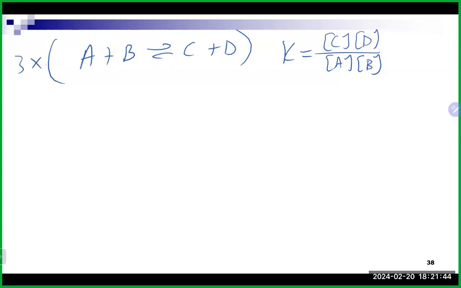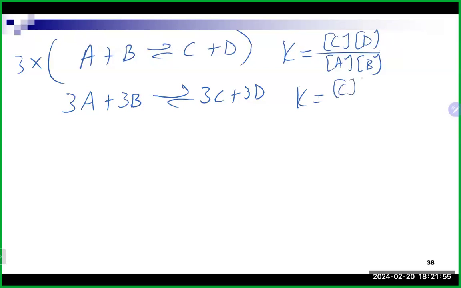Basically, we'll do 3 like we kind of did in the example. This would give us 3A plus 3B goes to 3C plus 3D. When we write the equilibrium expression for this, it would be C to the cubed, D to the 3 there, A to the 3, and B to the 3.